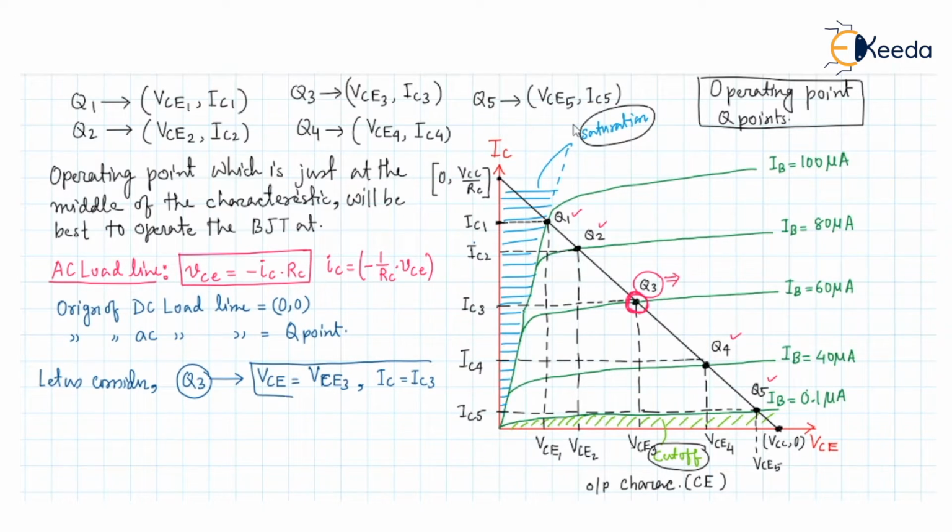So this is the transistor operating at this Q3 point. Somehow, if the temperature increases, then we know that the minority carrier current ICO increases and the IC current also increases.